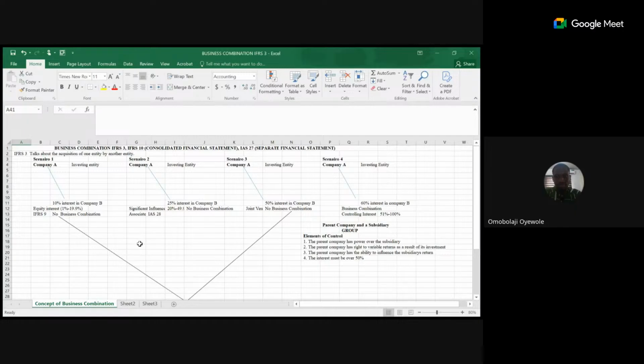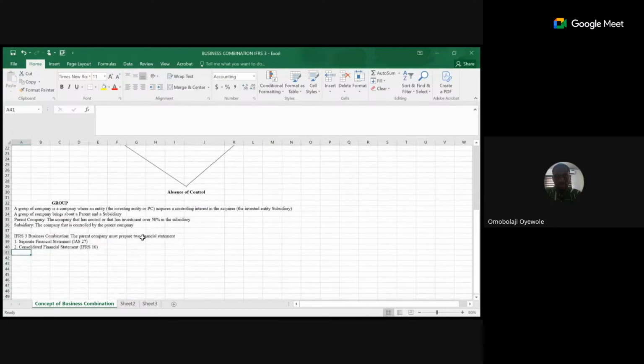A group was given birth to as a result of a business combination. A group is made up of a parent and a subsidiary because of the controlling interest that the parent company has over the subsidiary.